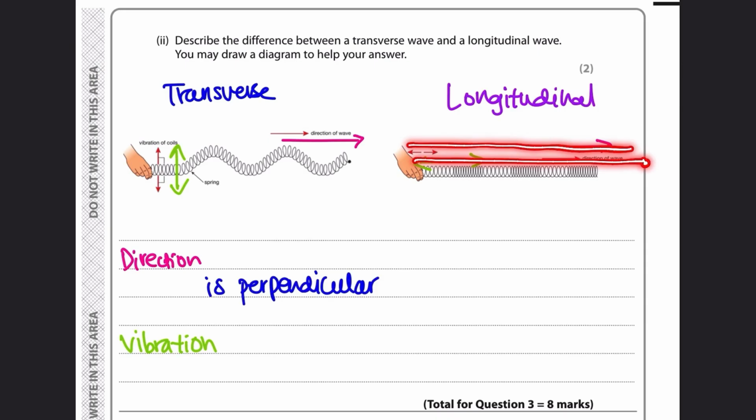There's no right angle, it's not perpendicular. And therefore, the definition of a longitudinal wave is that the vibration, which is the green, is parallel to the direction, which is the pink. So it's parallel.